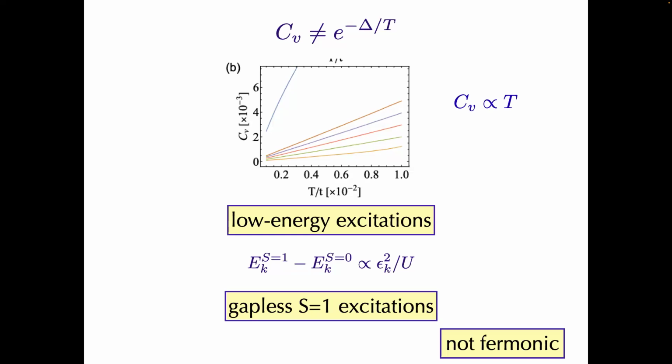And the spin sector is gapless excitations. But you can't get this from any sort of Slater particle type construction. It's really coming about from the collective behavior because it's a bosonic excitation. It's spin 1.